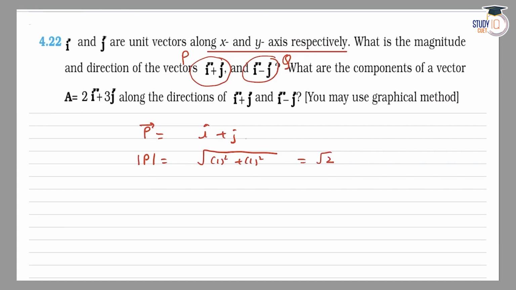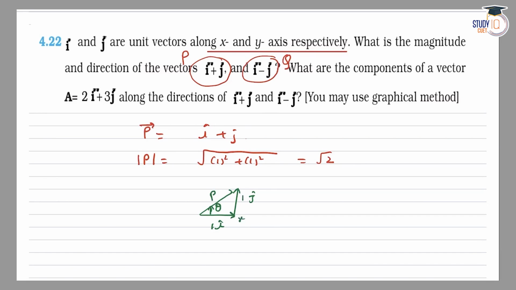Now from the direction point of view, we can represent vector p graphically. p is equal to i plus j, that is, the vector addition of 1i and 1j. So this resultant is p. Let's say this makes an angle theta with the x-axis in the anti-clockwise direction.